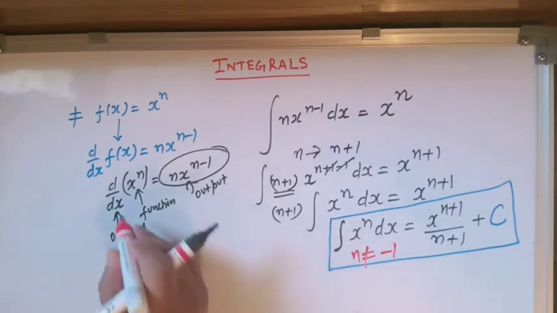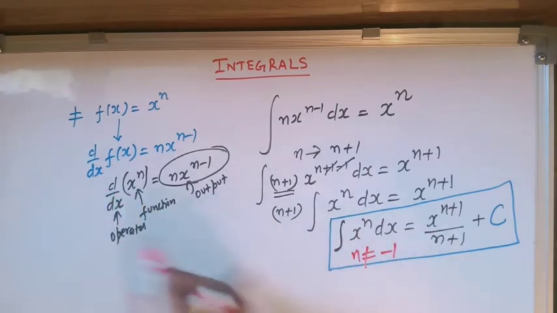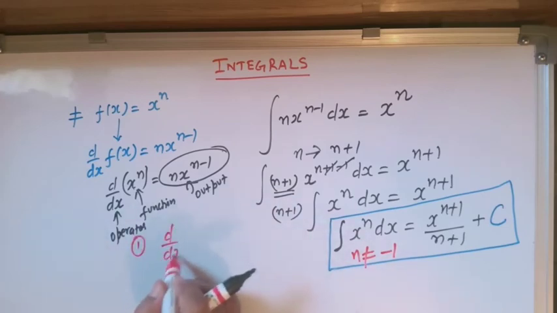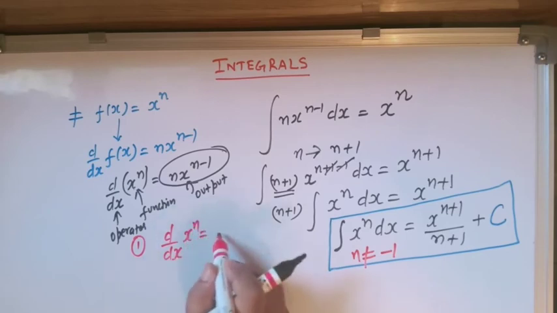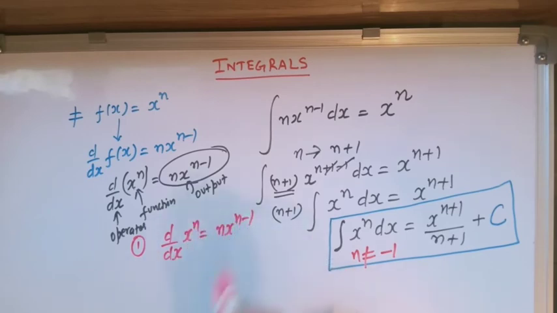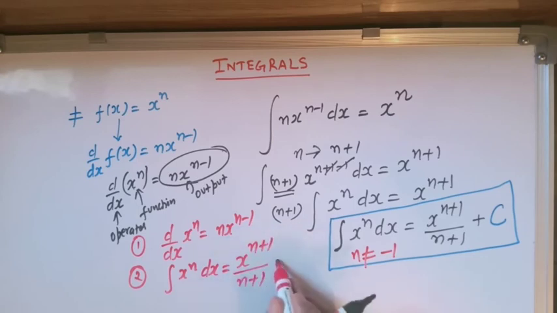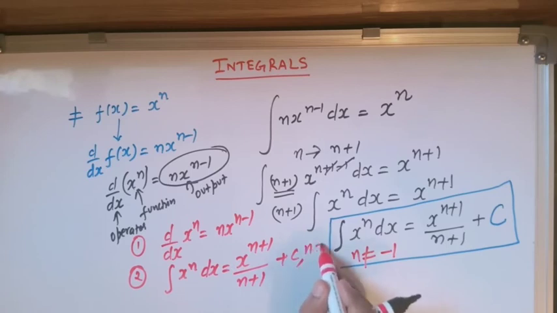Clear? So now we can summarize these two results in the form that the derivative of x raised to n is nx n minus 1, and the second one is the integral of the function x raised to n dx is equal to x raised to n plus 1 divided by n plus 1 plus c, provided n is not equal to minus 1.